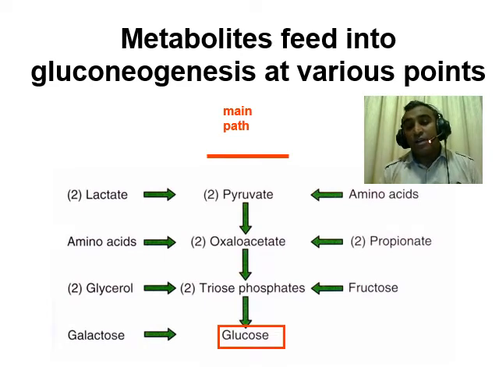Also shown here are all the other intermediates such as lactate, amino acids, propionate, glycerol, and even the other monosaccharides fructose and galactose, which come into this main path in order to finally achieve glucose itself.